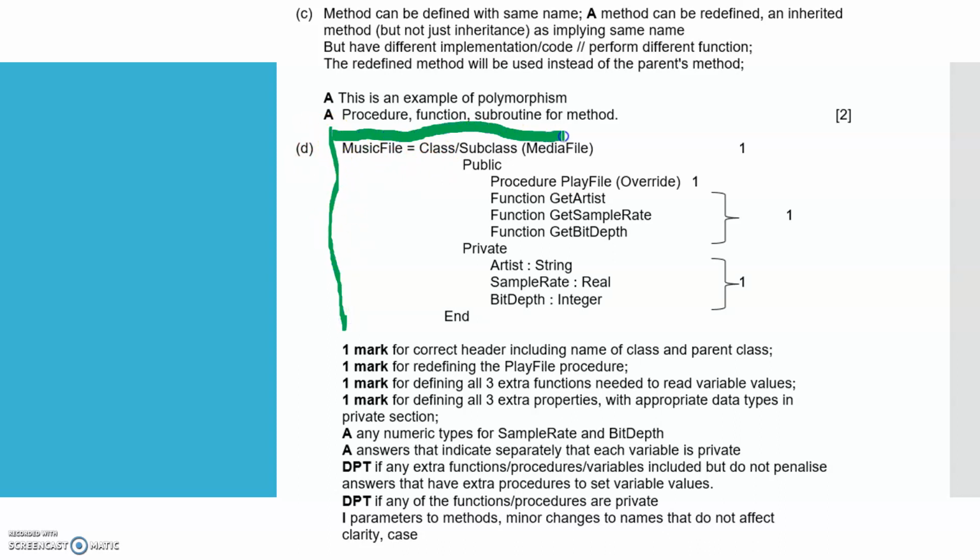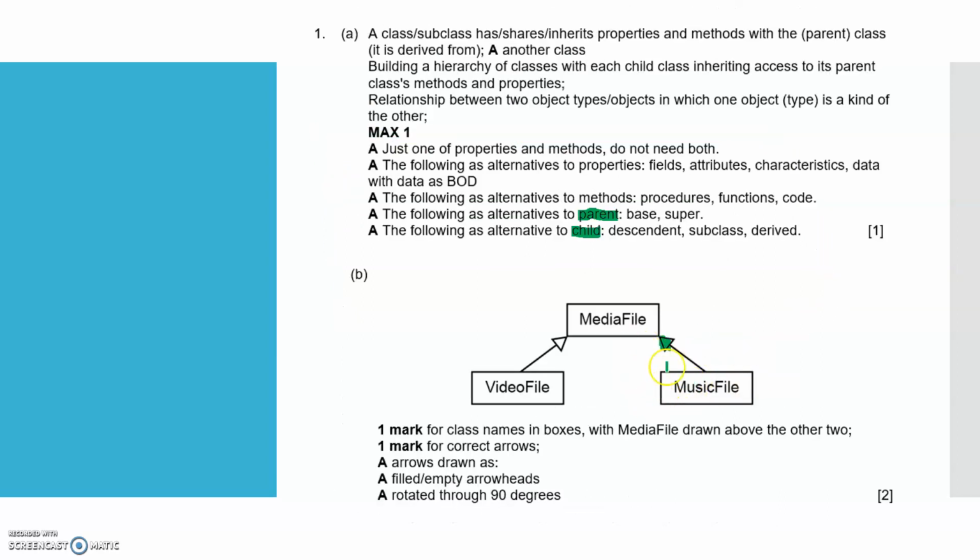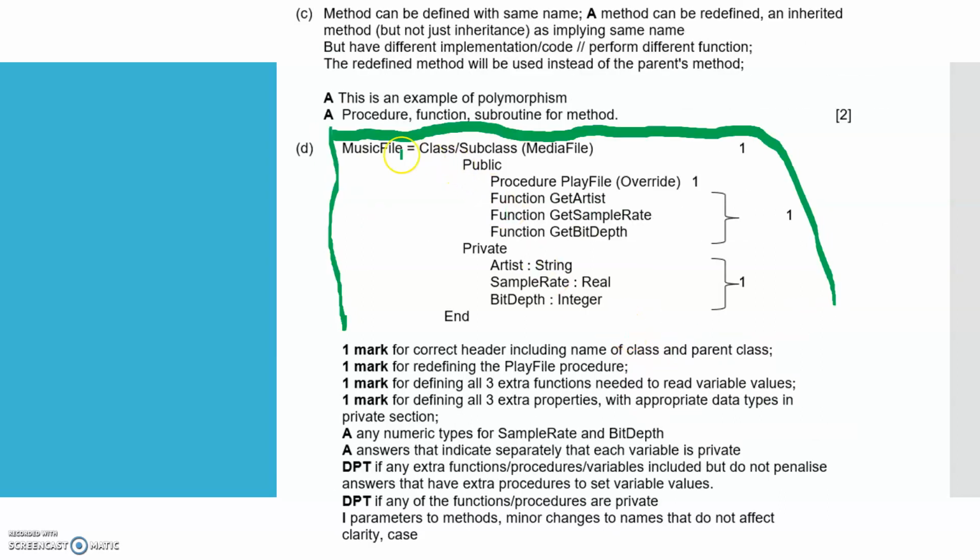You have to do the class definition of the music file class, which is inheriting from media file. So you can see straight away the name of the class and the fact that it's inheriting from the media file. The tricky one maybe in this question was to ensure that you override the play file procedure, which is going to need to be implemented differently within the music class.